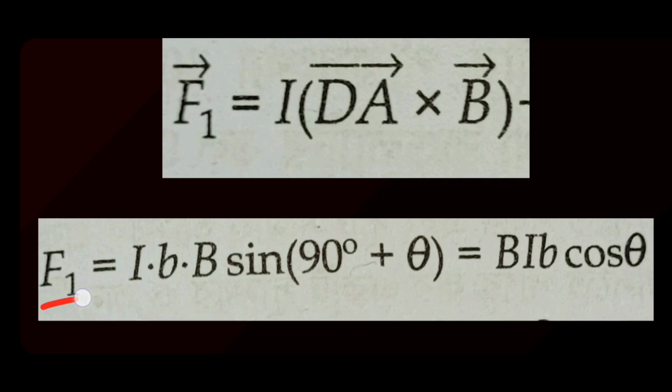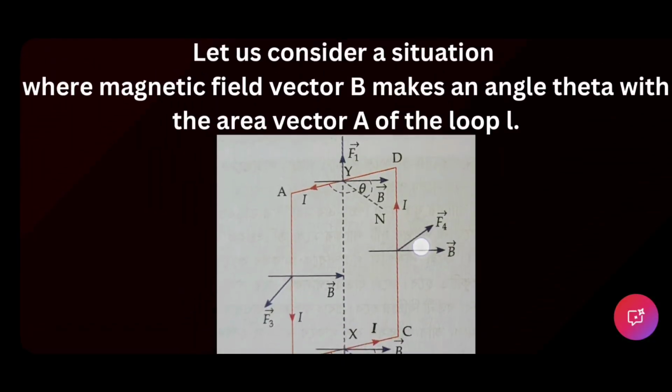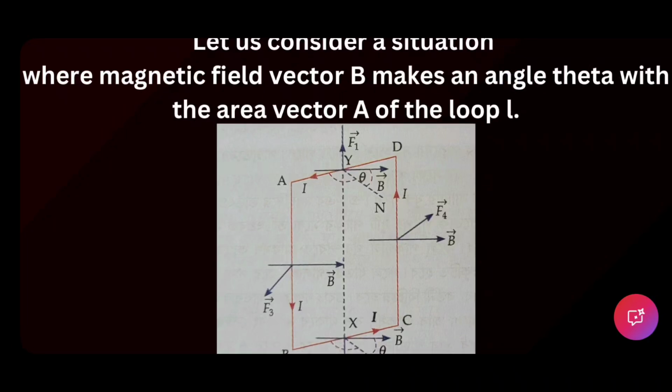So we get F1 is B I B cos theta along the upward direction.